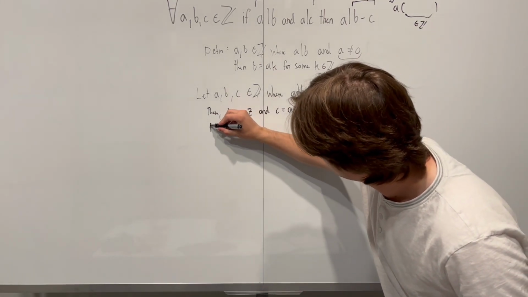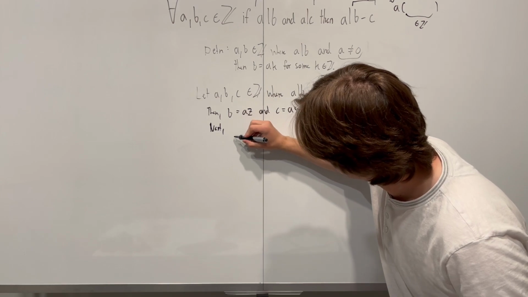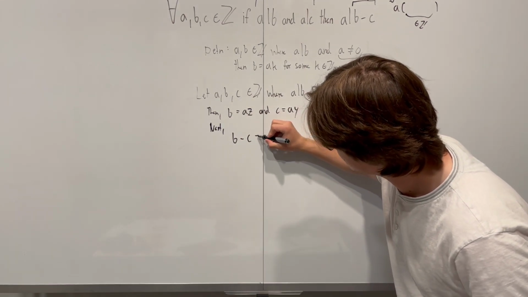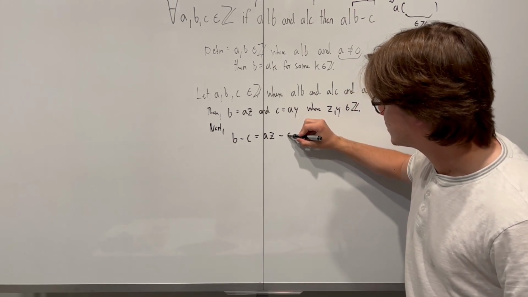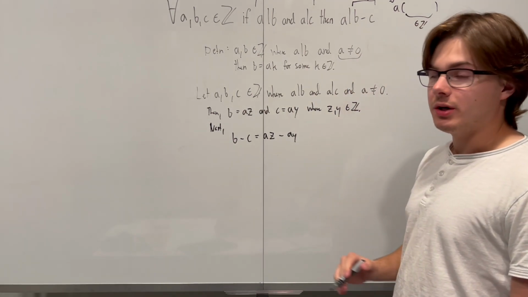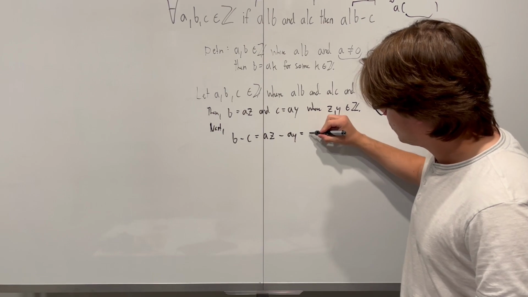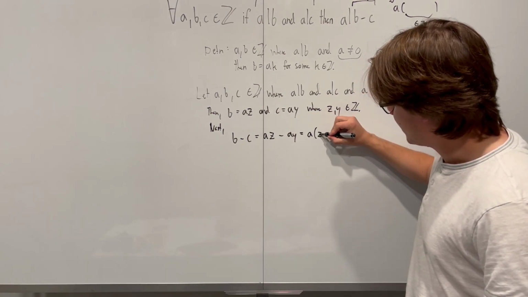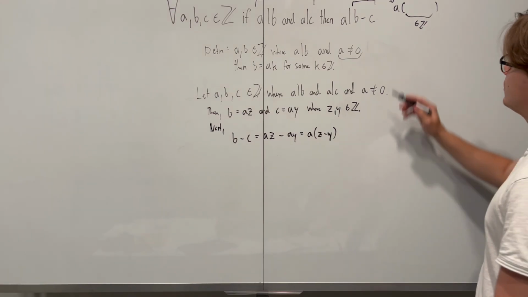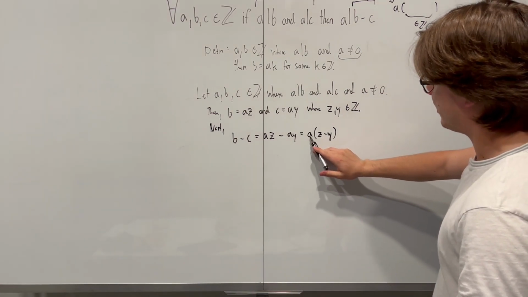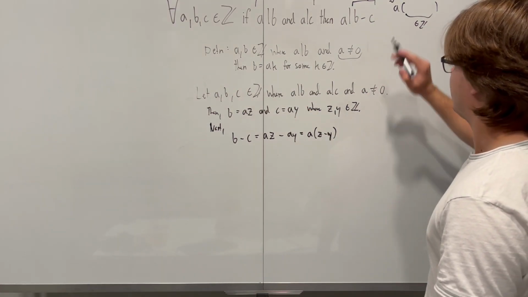Next, b minus c is the same as saying az minus ay. What do we notice? We can factor out an a here, which is going to be the same as saying a multiplied by z minus y. And there we go. We've done what we've been looking to do: get it to be multiplied by something on the left-hand side, multiplied by an integer.